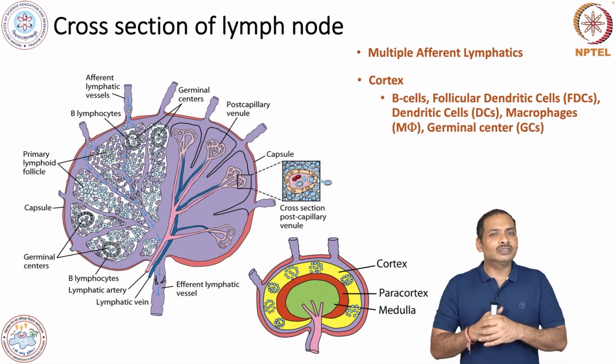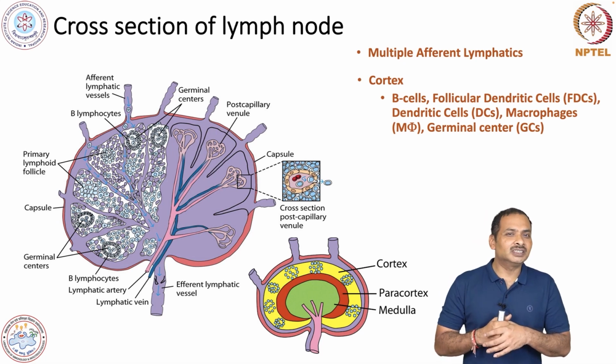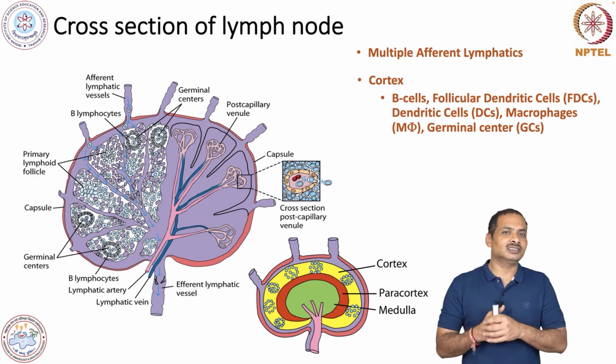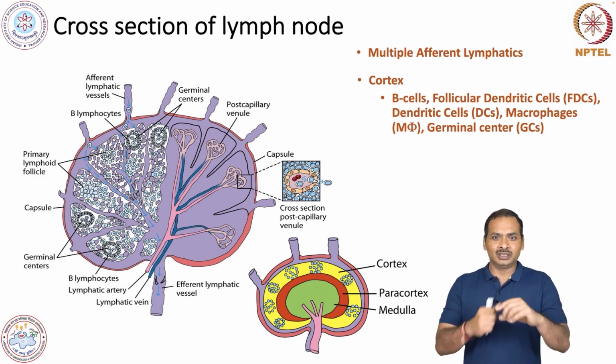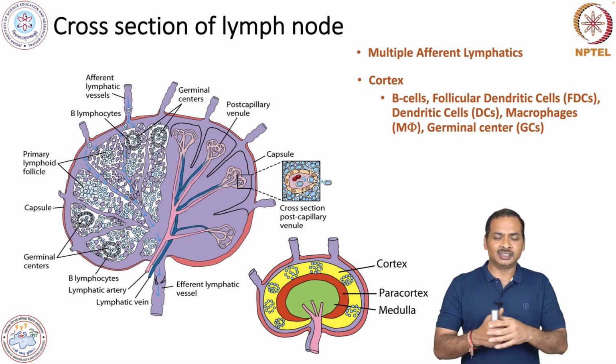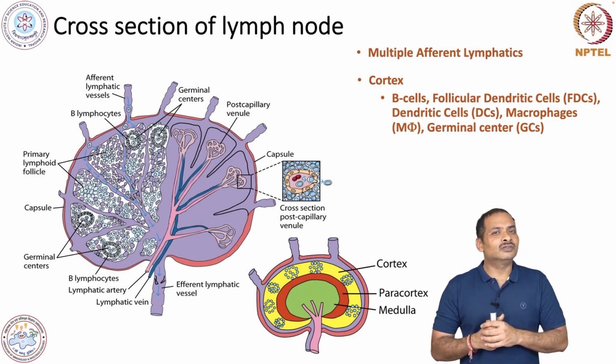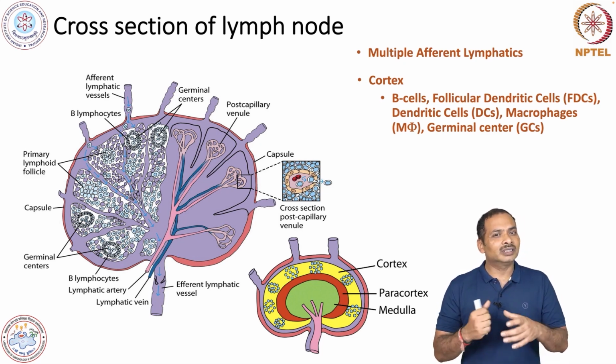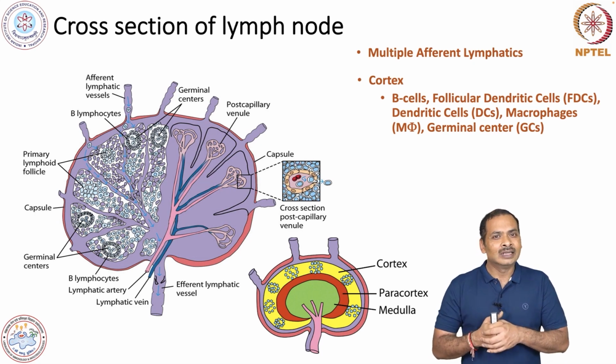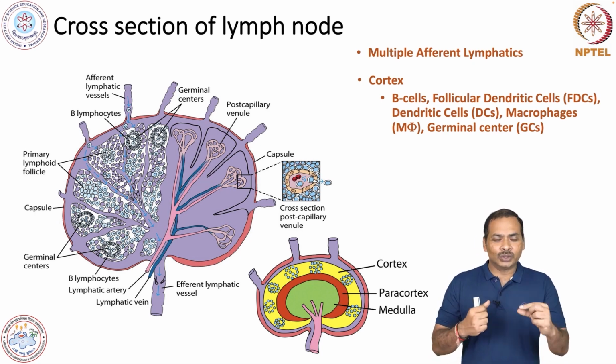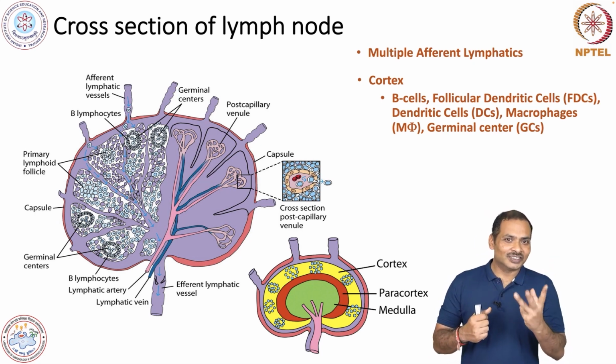There is one more kind of cell which we call PDCs, plasmacytoid dendritic cells. This is just a note in this session. PDCs play a very important role against virus infection. So the note is that there are three kinds of dendritic cells.